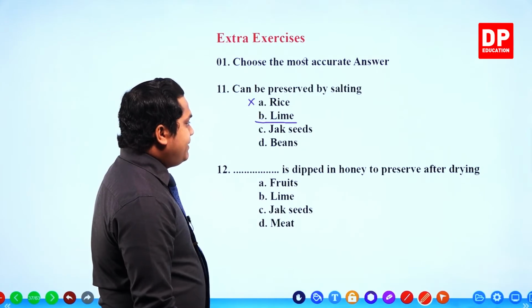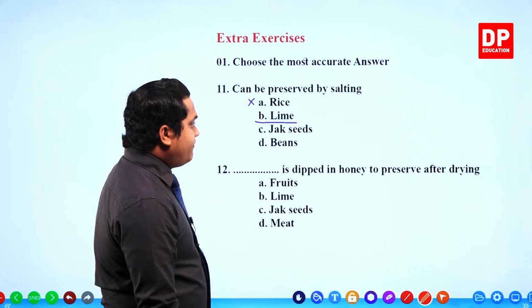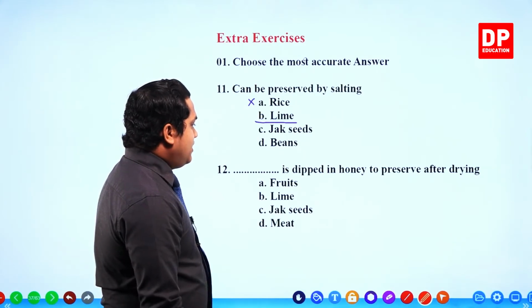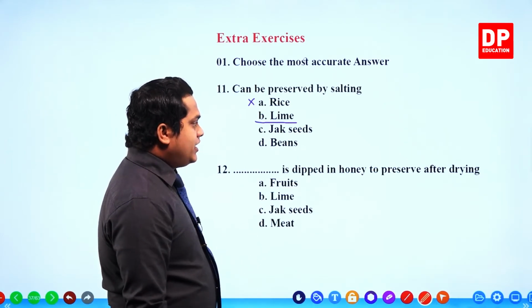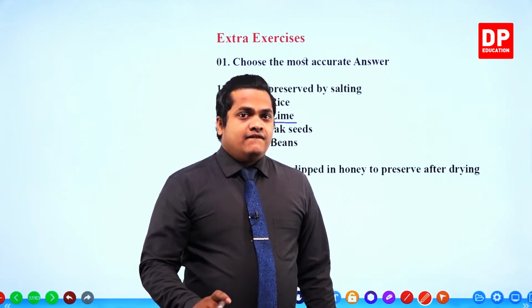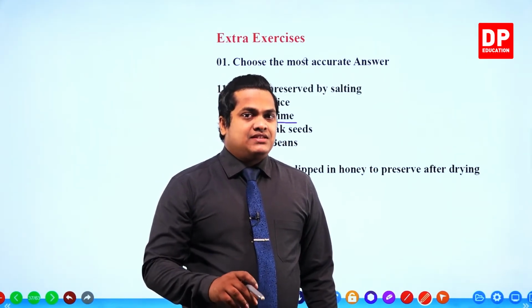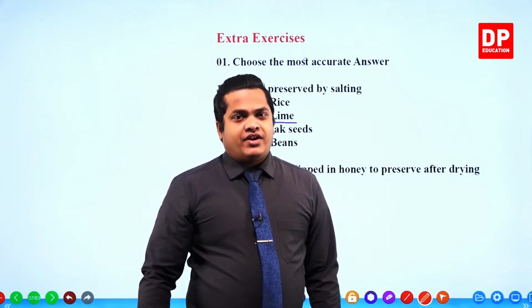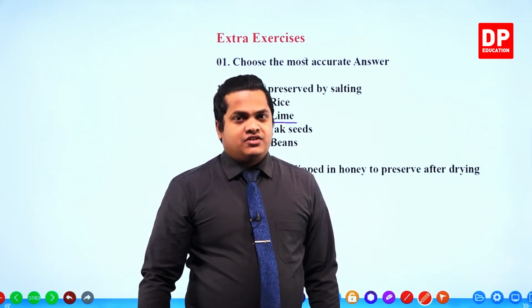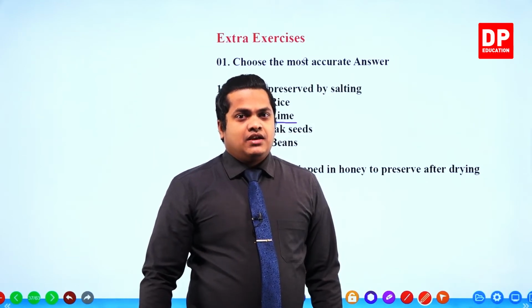Blank is dipped in honey to preserve after drying. So my dear children, after the drying process, in order to preserve, we dip these things in honey. It's obvious that this is a very traditional method of food preservation, especially for meat items.